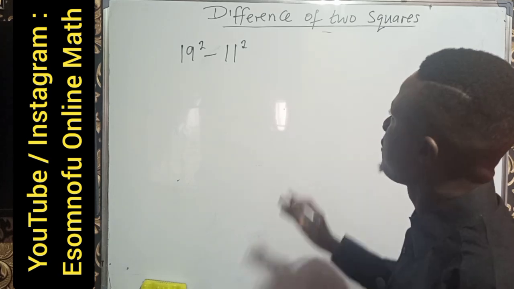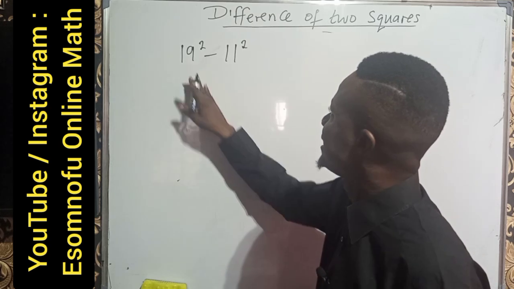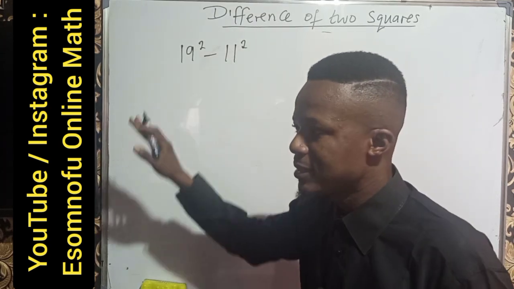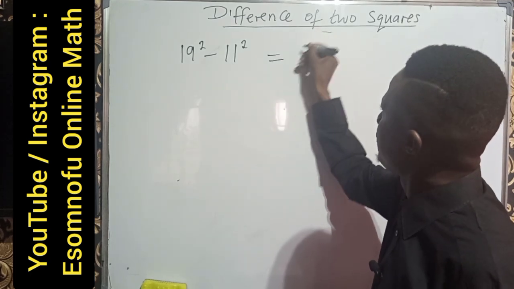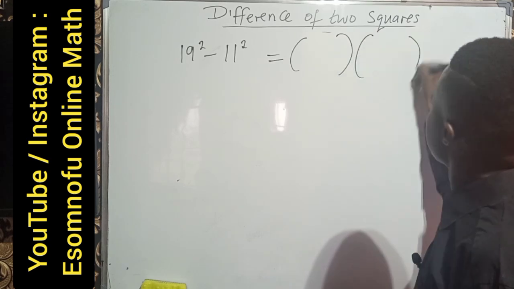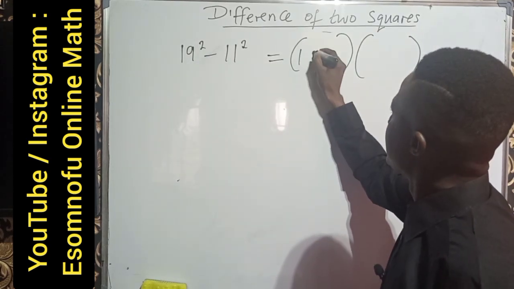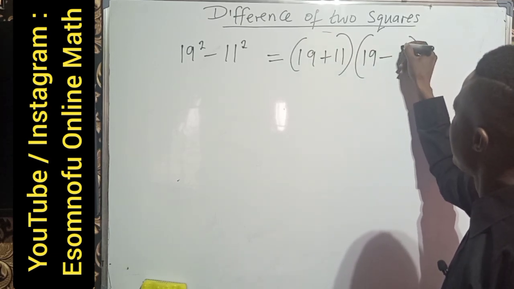So this difference of two squares will actually help us a lot. Instead of stressing ourselves saying 19 times 19, we keep the answer, and saying 11 times 11 and keep the answer, then taking the subtraction, look at what we just do. You've now learned from difference of two squares that whenever this is subtraction and the powers are double, you can call it 19 plus 11 into 19 minus 11.